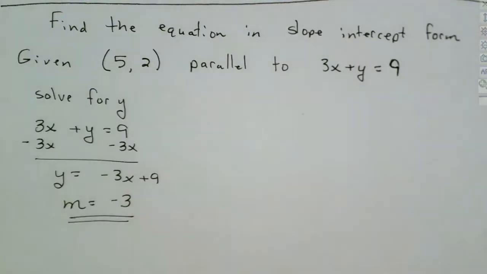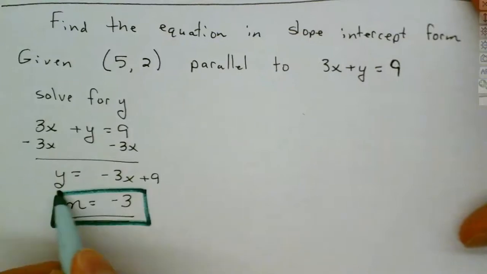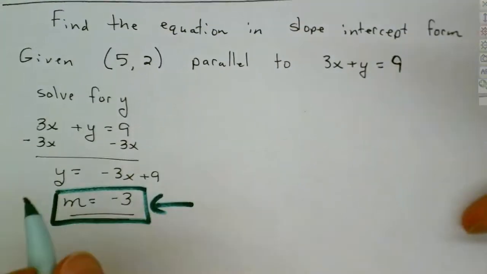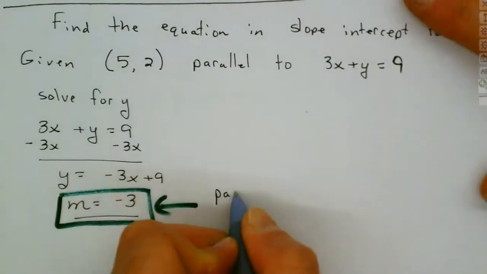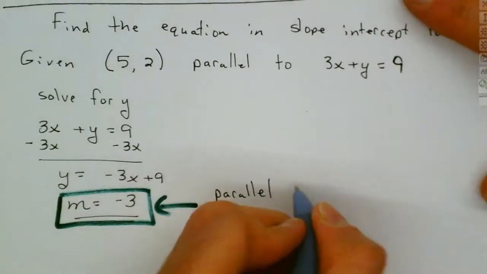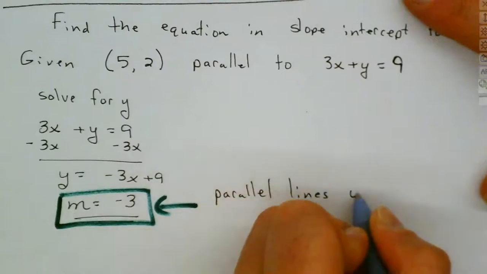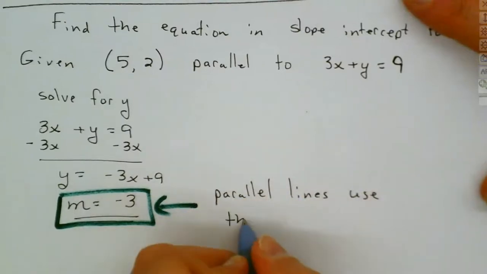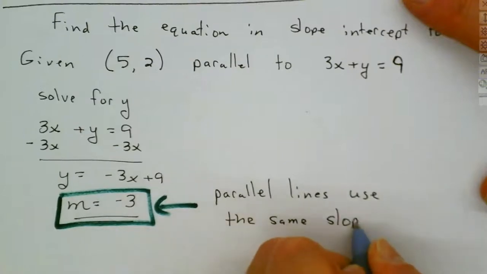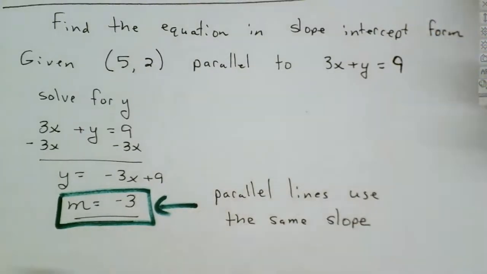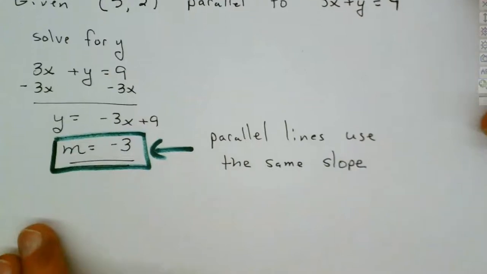No. It's parallel, so that means we use this slope. Parallel lines use the same slope. So we're not going to change this at all. All right, we keep the same slope.